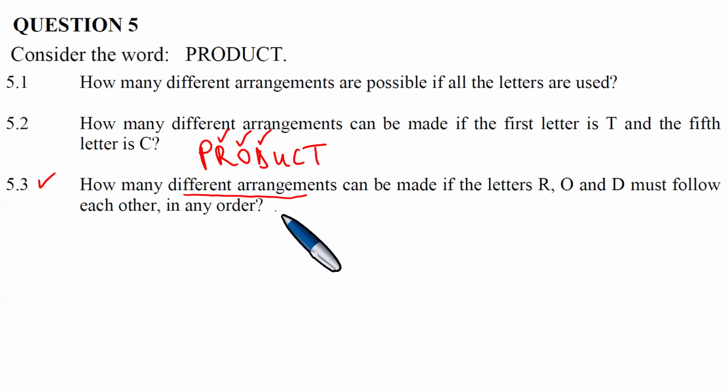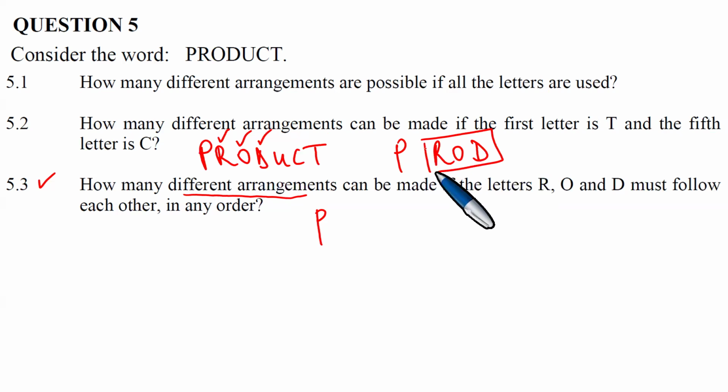So in other words, right now we single out R, O, and D, and ask how many letters we are going to be left with. We have R, O, D, we put them together, they become one thing. They become one entity.